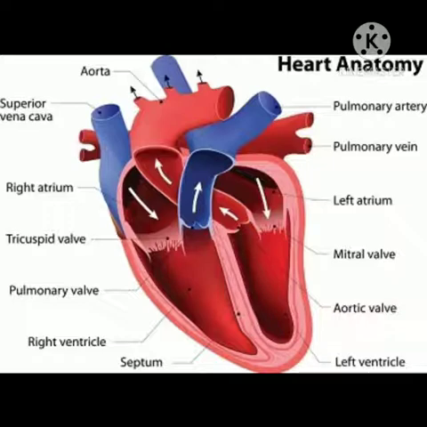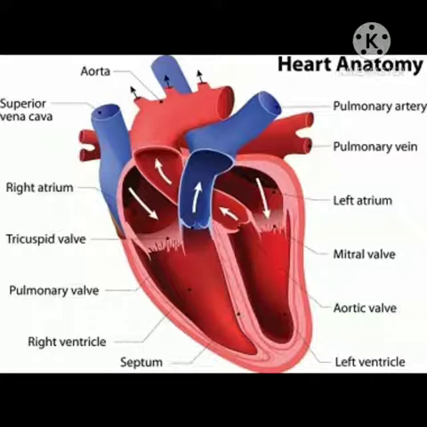The pulmonary artery transfers the deoxygenated blood to the lungs, where the exchange of gases occur. It means that the carbon dioxide which is present in the blood is picked by the lungs and oxygen is picked by the blood from the lungs.